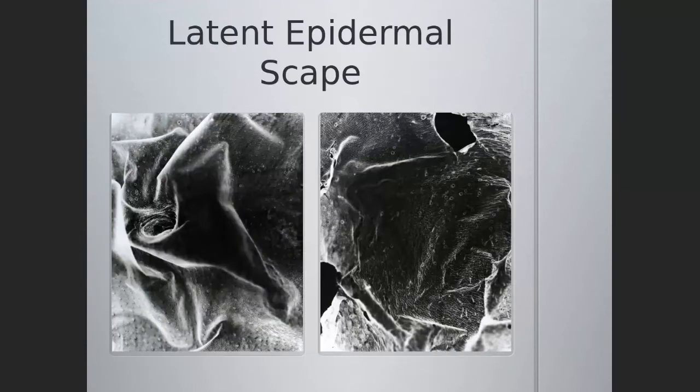Then we have these latent epidermal scapes, where again I'm using casts from the body, and these are more clear, I think, than some of the ones that come before. You can really see the lines from the skin and little pock marks and wrinkles and things like that.